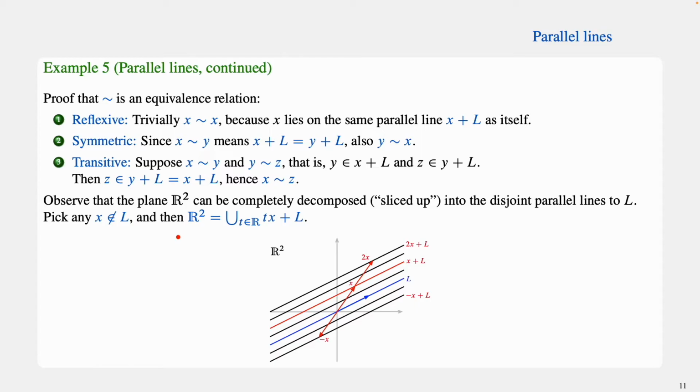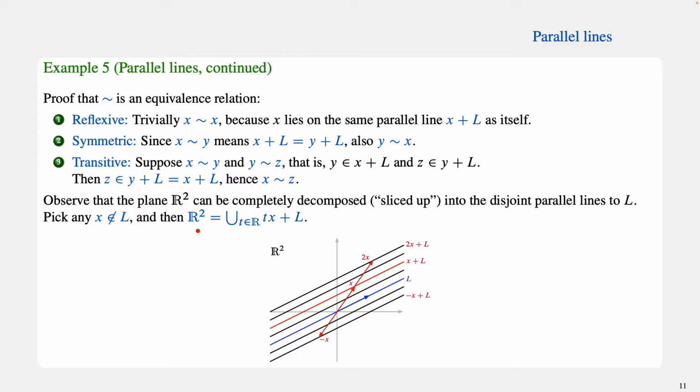For every vector X that is not on the line L itself, we can write any line in this decomposition as L plus T times X for some real multiple of X. So think of this vector X, and if we take all the multiples of X, T times X, running T through all the real numbers, then we are running through all the vectors here on this transversal line to L. And if we add L to each one of these vectors, we get a distinct parallel line for each different value t.